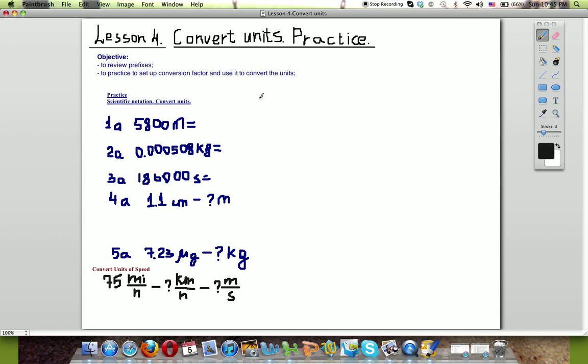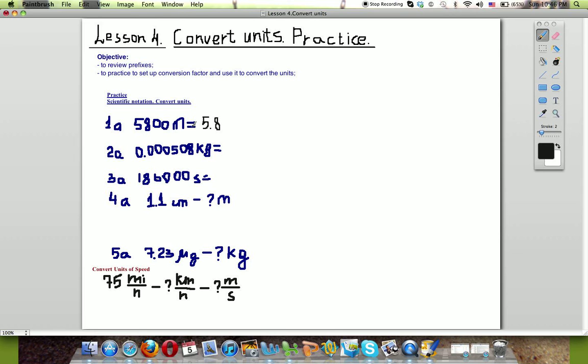So, for example, if we have 5,800 meters, to express it in scientific notation, as I mentioned earlier, the number has to be more than 1 but less than 10, which makes it 5.8. So I'm going to put a decimal point, 5.8.